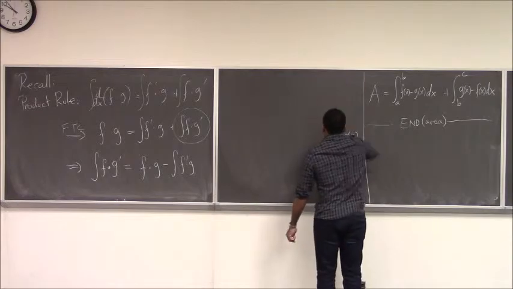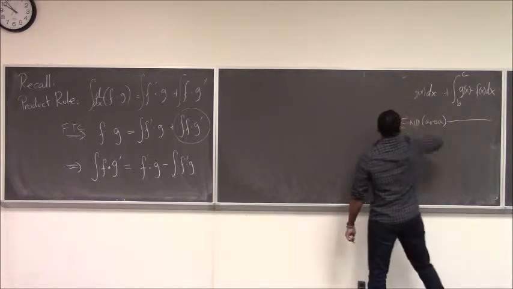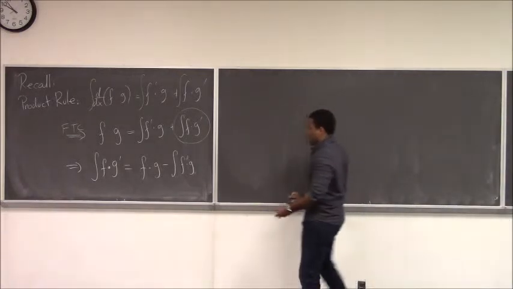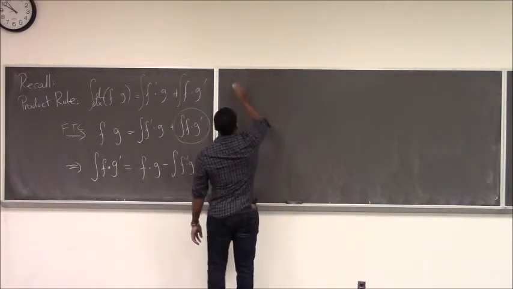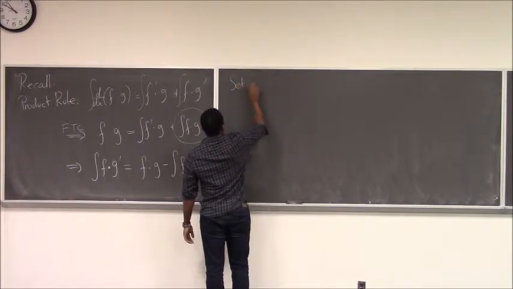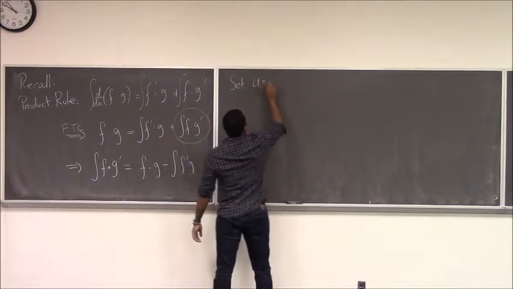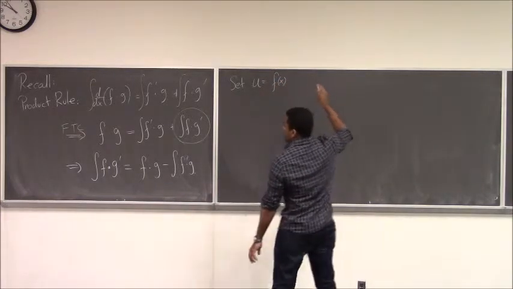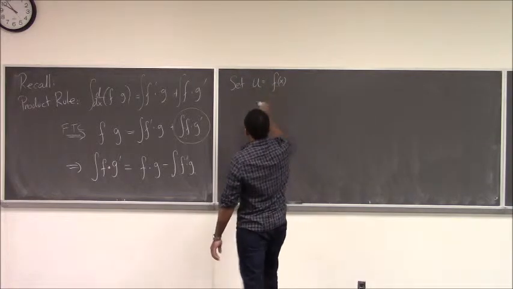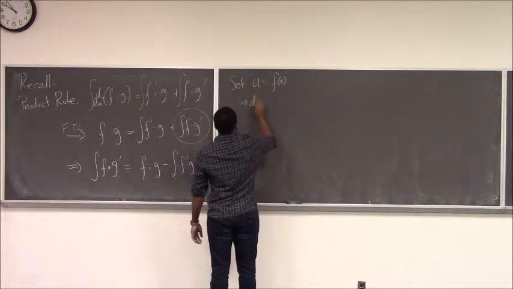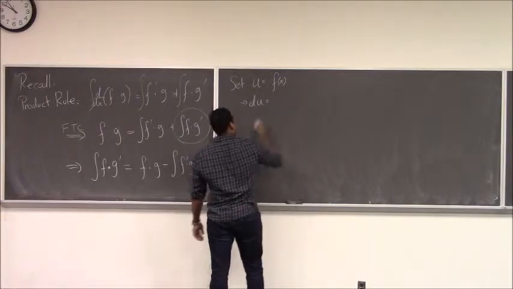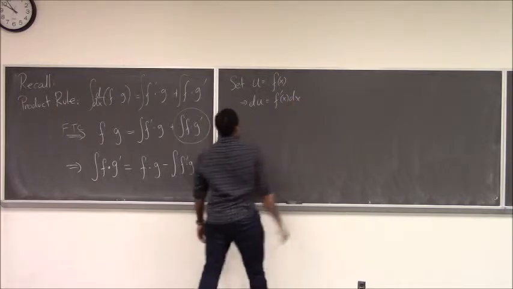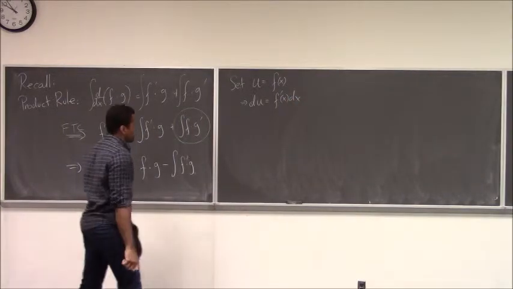Now you're never going to really see something like that in your textbook, so let me change to the notation that they would have used in the textbook. Let u equal f of x, so this means that our du would actually be equal to f prime dx, using differentials.